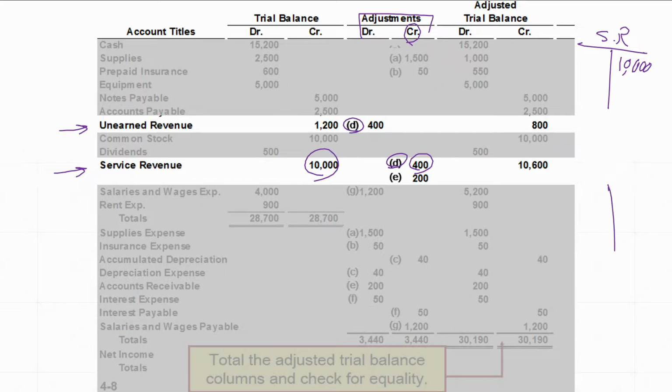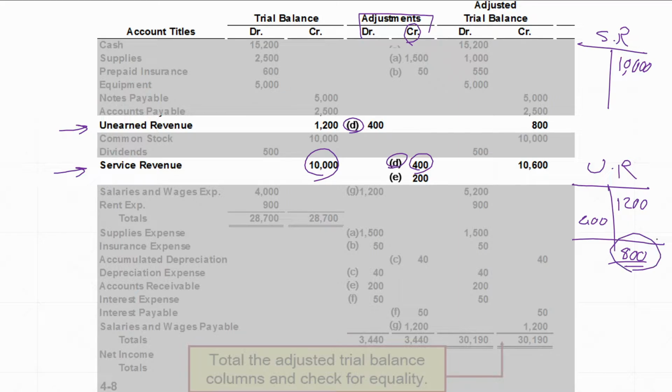So if I want to draw the T account of unearned revenue, we also had $1,200 under the credit side of unearned revenue. During the accounting period, we earned a portion of that money equal to $400. So we deduct it, we decrease the balance of unearned revenue. The new balance of unearned revenue here is, of course, the difference between left and right side, $800.